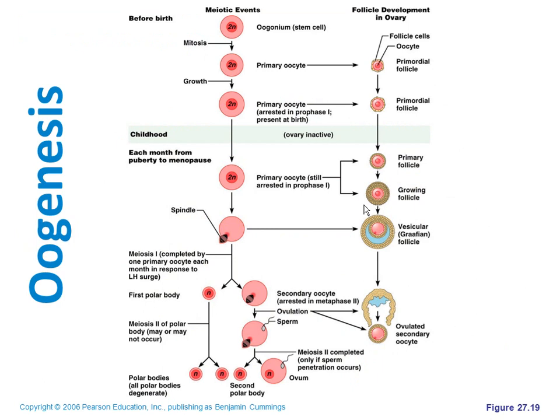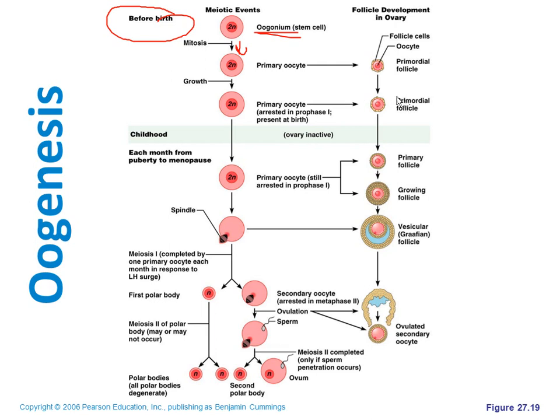So hopefully you took my advice. All right, as we were talking about the follicles, I was mentioning what was going on with the cell. So remember, this slide kind of breaks it down for us. Before we are born, we had an oogonium that did mitosis to make more. That oogonium, even though it's diploid, it started to do a few physical changes.